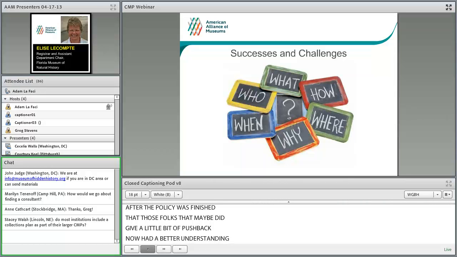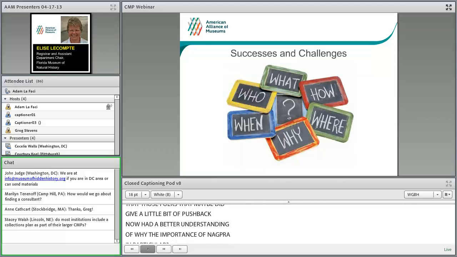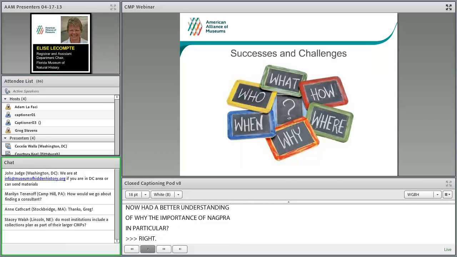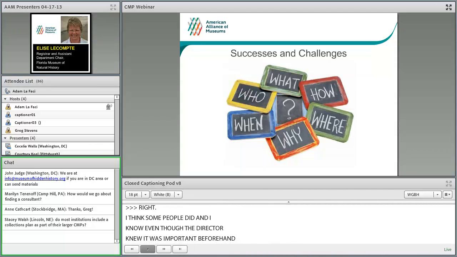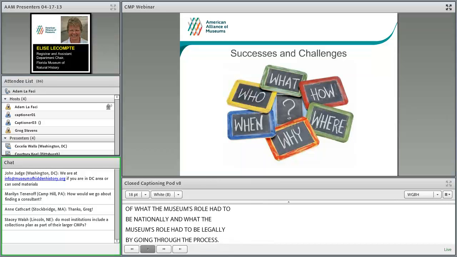I think some, and I know even though the director knew it was important beforehand, he came to a realization of what the museum's role had to be nationally and what the museum's role had to be legally by going through the process. So a little bit of a success there in training or teaching.